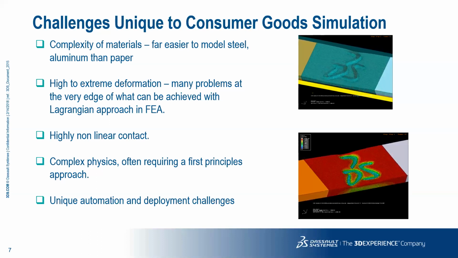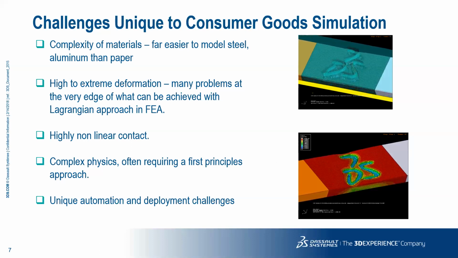We can also solve... I mean, the solver needs to be able to solve complex physics. Often you need to take a first principles approach. And does the solver allow that flexibility? Often you may need to define your own user material or your own constitutive model for the material properties, or it might be physics that you need to couple with the existing solver.